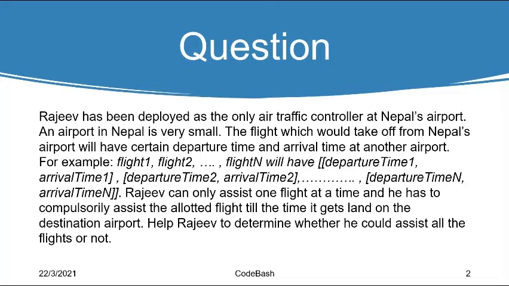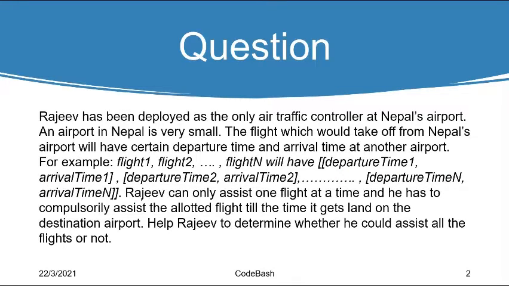So this is basically a question. Let's quickly go through it. The question says that Rajiv has been deployed as the only air traffic controller in Nepal's airport. The airport is very small, and every flight that takes off from Nepal has a certain departure time and arrival time. The important thing is that we have certain flights here, and every flight has two things: its departure time and its arrival time.